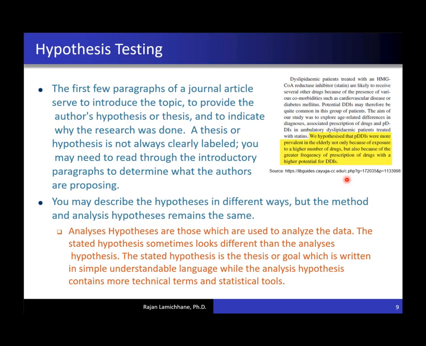Even though they are not defined precisely as null and alternate hypotheses, just reading these highlighted statements, you can easily guess what the null and the alternate hypotheses are. We'll come back to this point later after we learn a little bit about the null and alternate hypotheses.